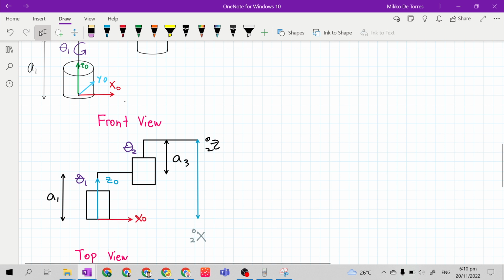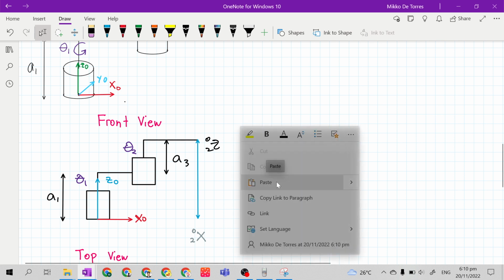You can depend on the value of Z02, the distance of the end effector to the ground, because Z02 is equal to A sub 1 plus A sub 3.